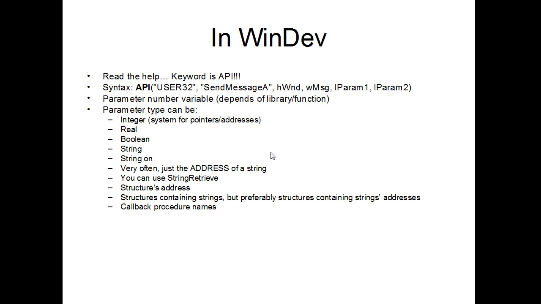And if you receive a flag, that depends on the API itself, on the DLL and the function. You will have to find out what it's sending back, of course. But if it's sending back a flag saying that there was an error, then you can use the ErrorInfo function in WLanguage to find out what the error is and deal with it. So you need the errSystemCode or errSystemMessage constant for that.